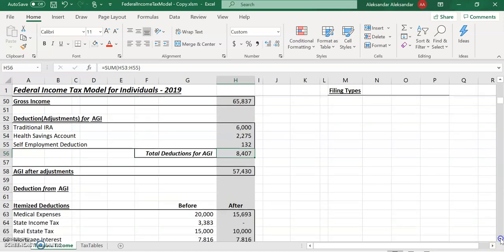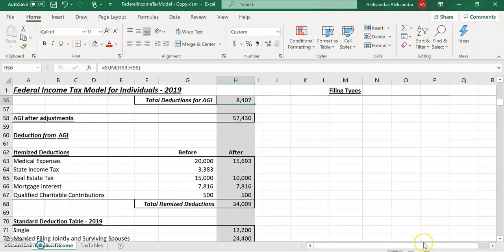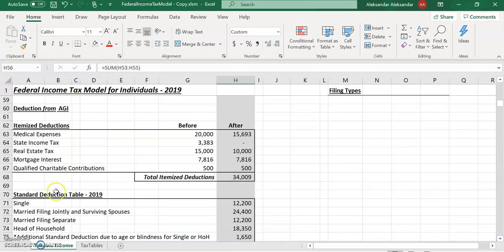The next thing in our tax model is the deduction from AGI, and they could be two types, either itemized or standard. Basically, the way it works is the taxpayer is entitled to certain itemized deductions, but if they don't exceed the standard deduction for your status, you can opt out of the itemized deduction and make an election for standard deduction.